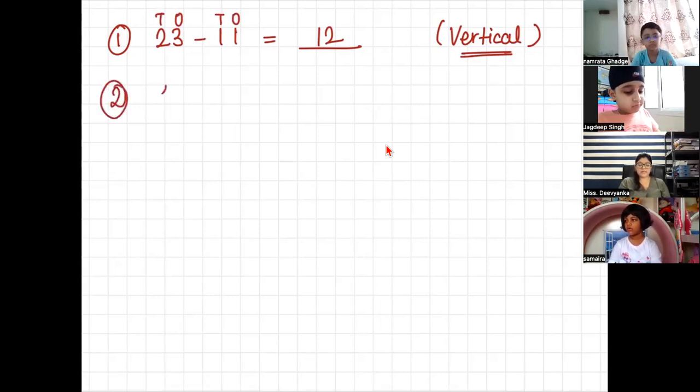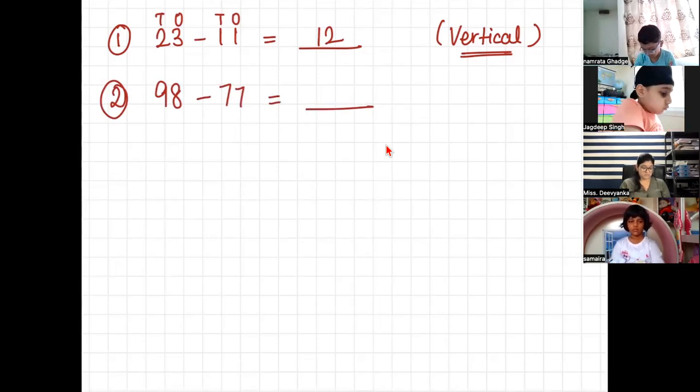Second one is 98 minus 77. What is the answer? Twenty-one. 21.